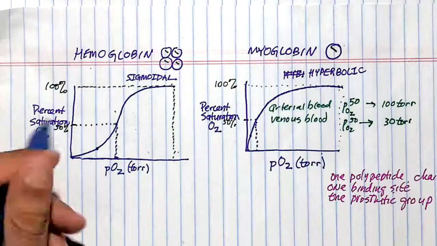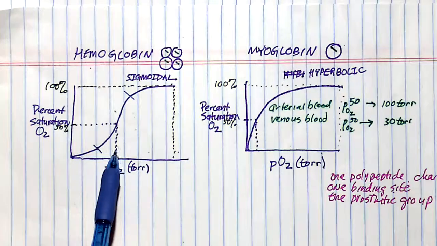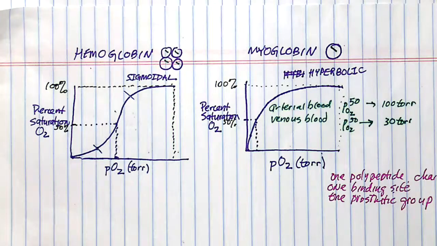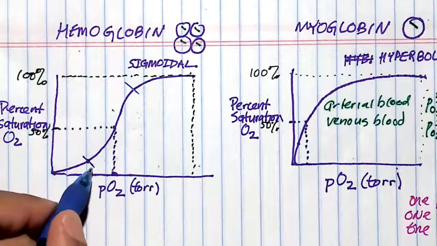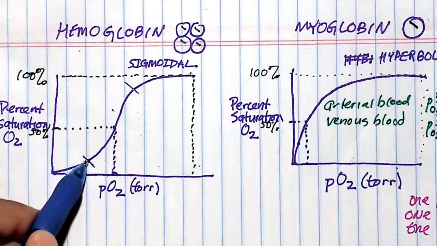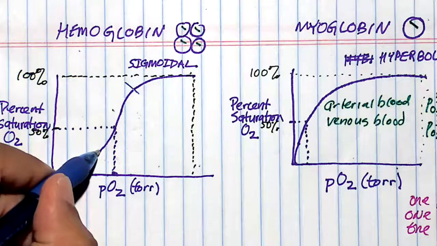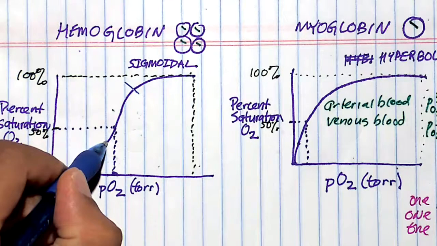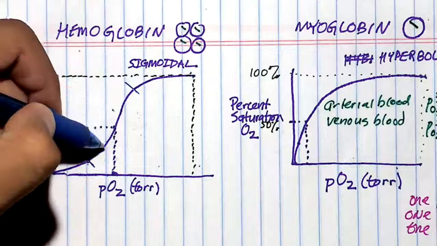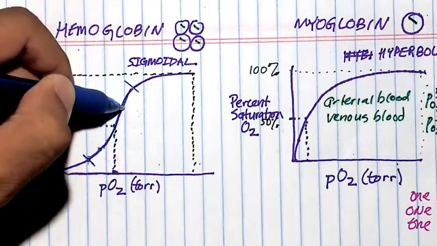If I were to take this blue pen and look at this curve from here to here, that region of the curve tells us something very special about the binding of oxygen, at this pressure of O2. At this pressure of O2, the saturation is here. But if we increase the pressure of O2, the saturation really skyrockets. Okay, it goes from here to here. We increase it a little bit, we go up to here. Ultimately, we increase it to such a level, and then it's going to have this skyrocketing effect.